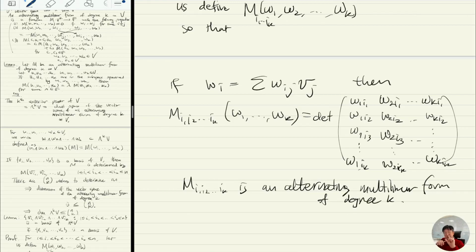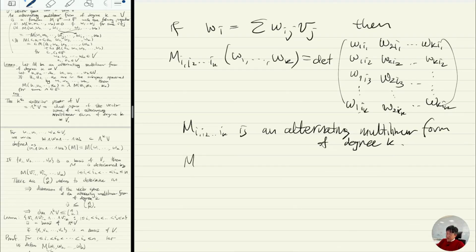Because if I swap two coordinates, let's say Wi and Wj, then the determinant value will be the negative of the original determinant value, right? And why is it multilinear? Because if I say W1 is a linear combination of two vectors, then the determinant also is multilinear.